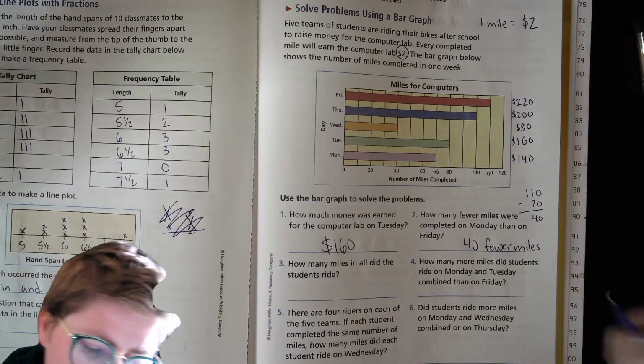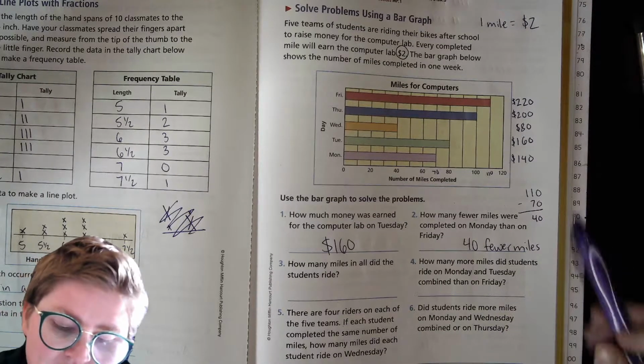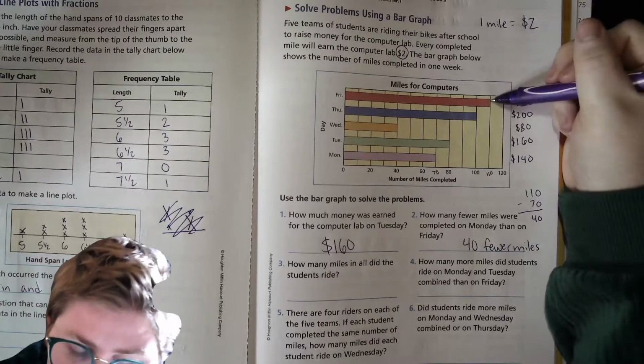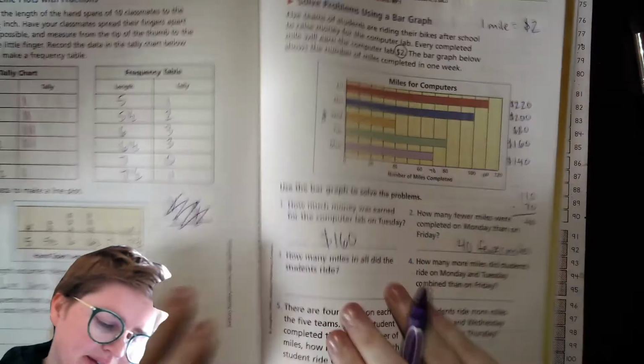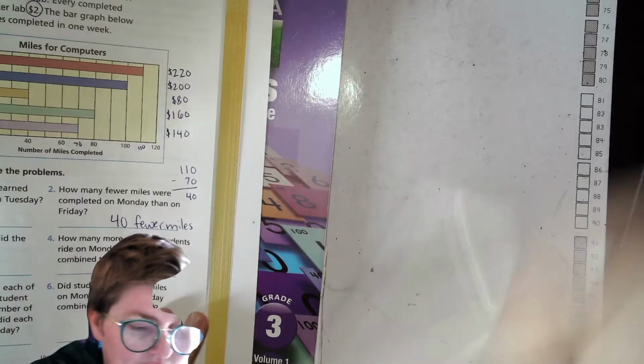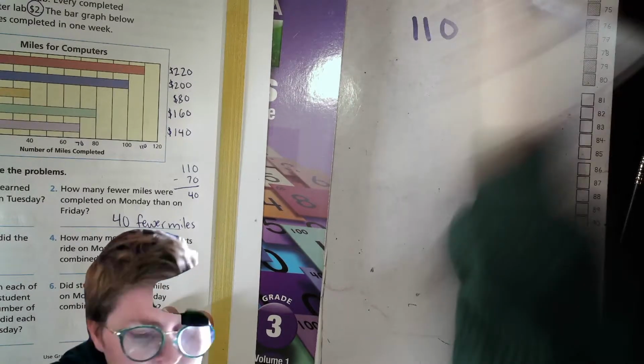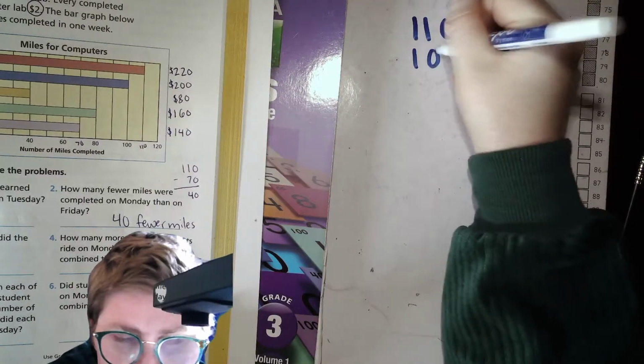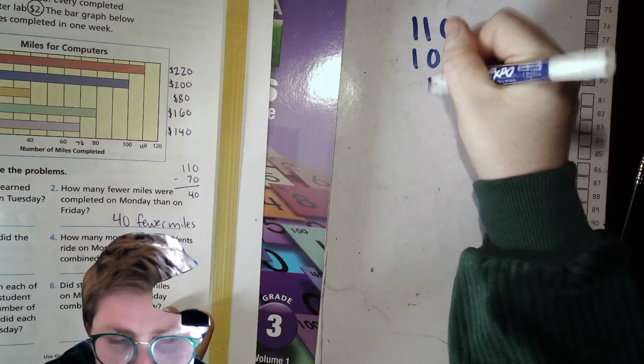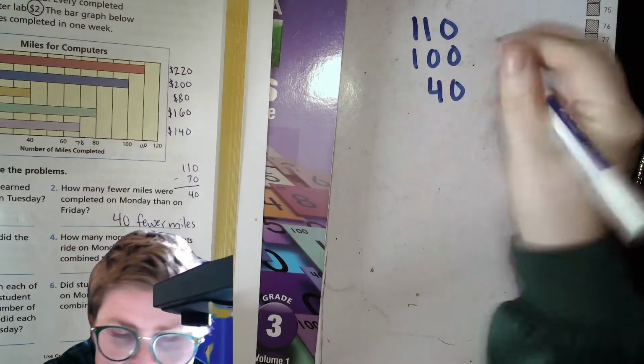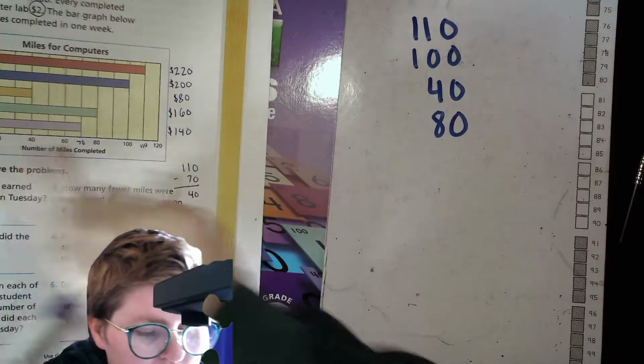How many miles in all did the students ride? So this was 110. Here, let's make a little addition problem on our whiteboards. So we got 110, 100, 40, 80, and 70.